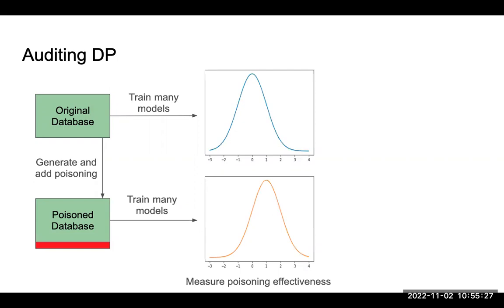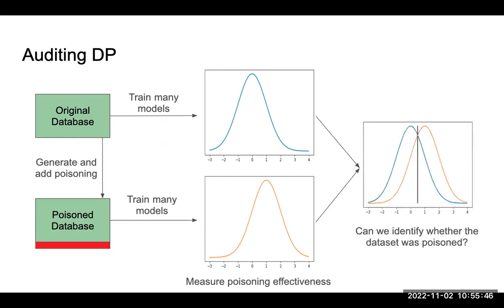And then we're going to run our epsilon DP training algorithm many, many times on both of these data sets, and we're going to measure how effective that poisoning was. Basically, the poisoned data set should be the one that produces more effective poisoned models, because that's what the poisoning is designed to do.